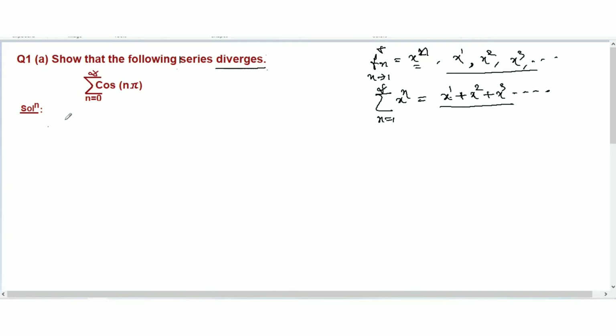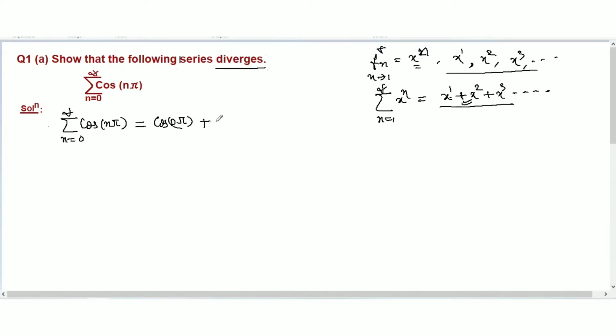Write down here, this is our series: summation from n equal to 0 to infinity of cos of n pi. We are going to open this. Substitute n equal to 0, 1 and 2, and write it by giving a plus sign between two terms. In place of n, write 0, so cos of 0 pi will be the first term.